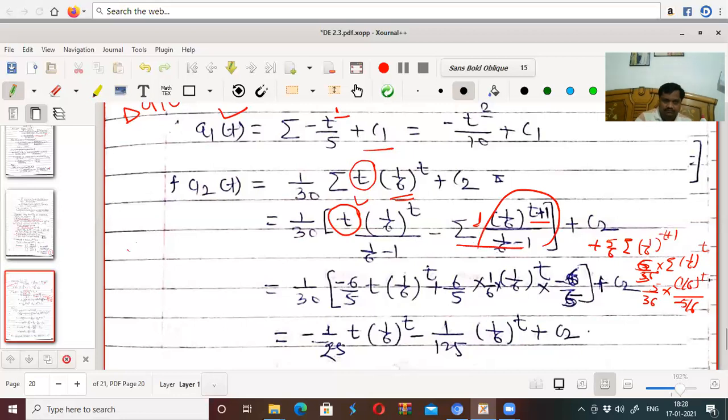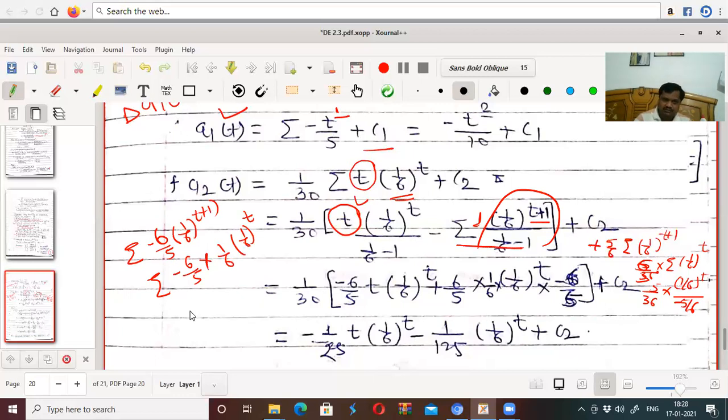Summation of minus 6 by 5 into 1 upon 6 to the power t plus 1. This is summation of minus 6 upon 5 into 1 upon 6 into 1 upon 6 to the power t.